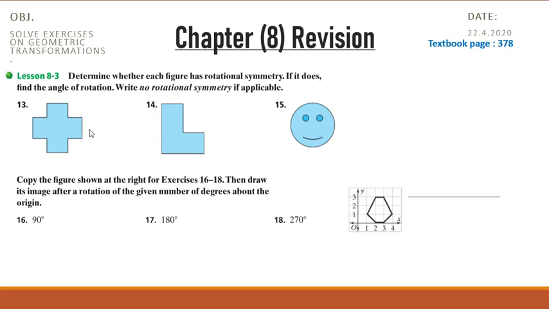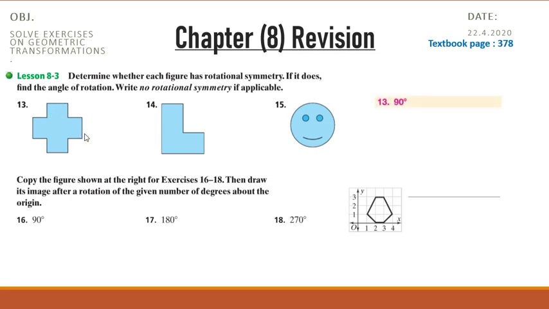This side I want to move to be here. So if I draw a vertical line and a horizontal line, I can move the point from here to here. So this is 90 degrees.